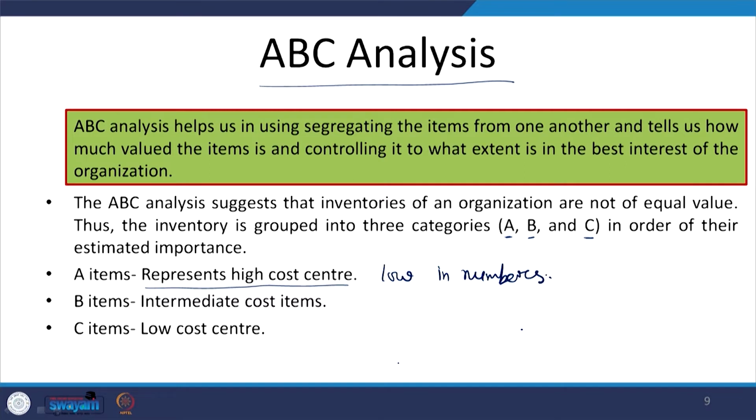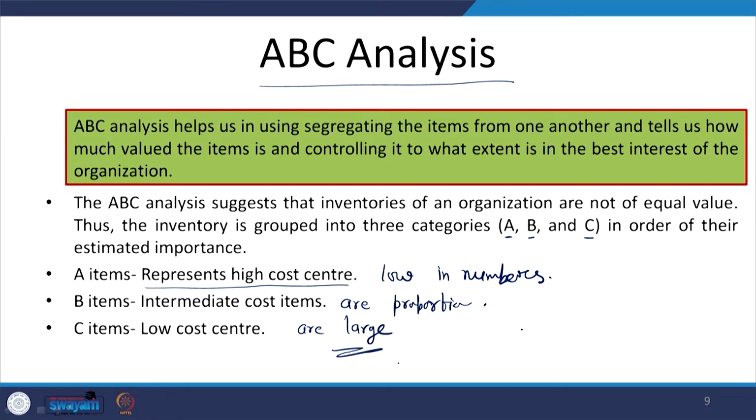Then B items are our intermediate cost centers and they are proportionate. According to their cost, these numbers are equally represented. C items are our low cost centers and they are large in number.